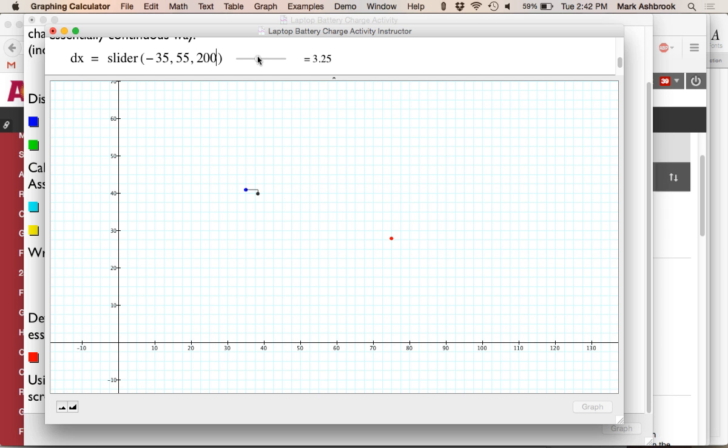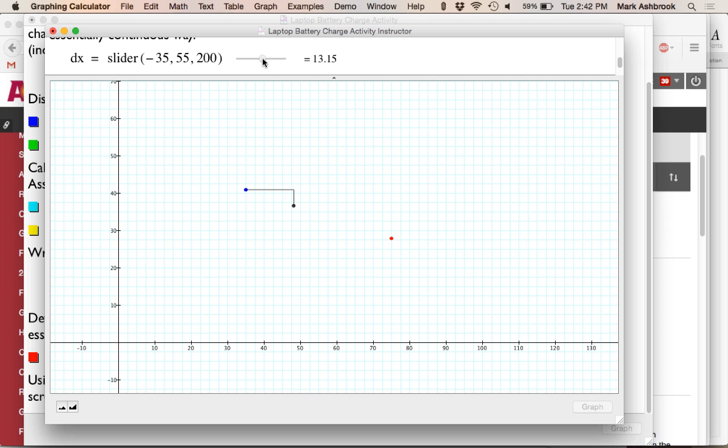So what is dx? Dx is the change from what? So when dx is 0, dx is the change from that initial point. What is that, 35? Okay, yeah, so that's how you're framing this. So when dx is 0, you are essentially at that initial point of 35 minutes.